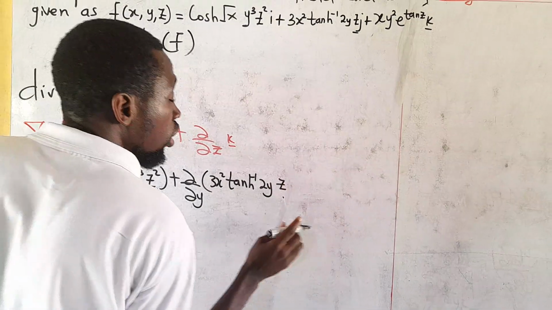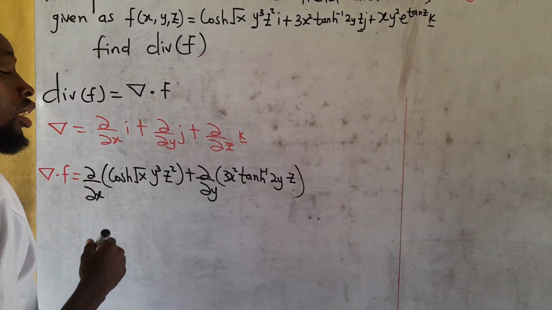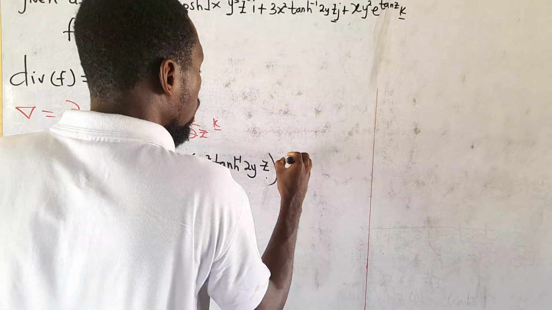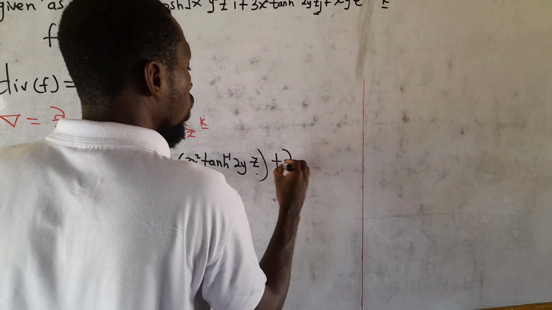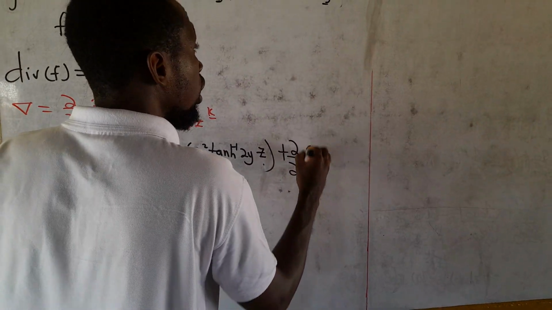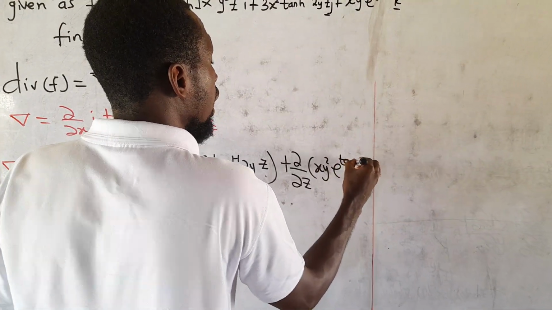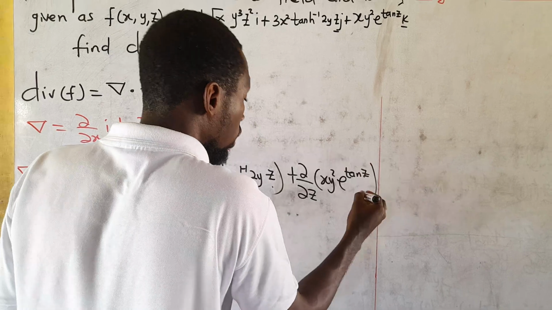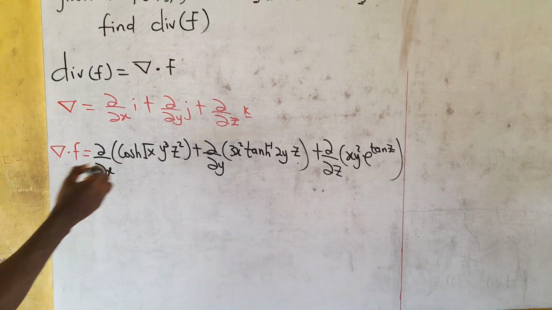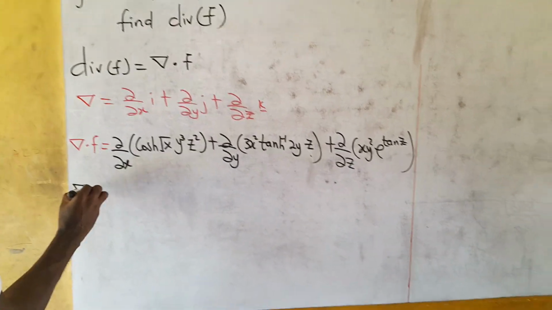Okay. Since it's dot, the scalars will not come in. Then plus del over del z of x y square e exponent tan z. So what do we do? We perform partial differentiation and we are good to go.